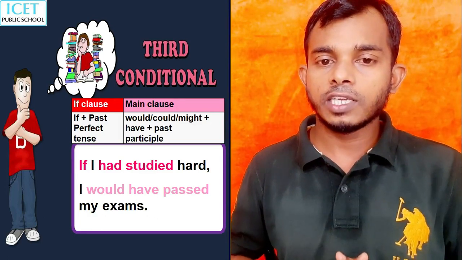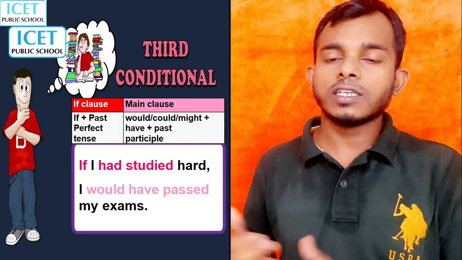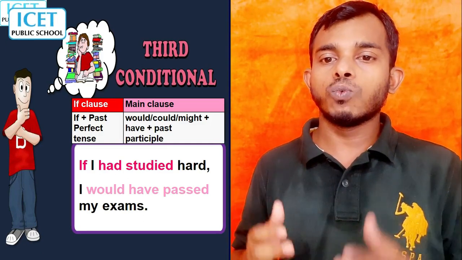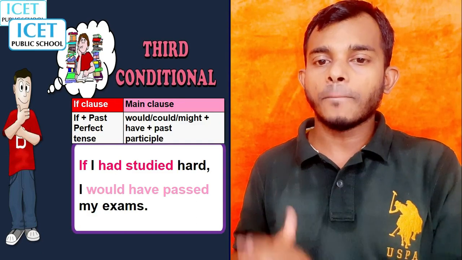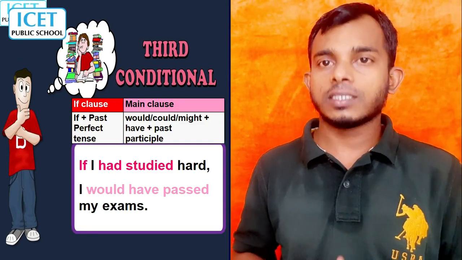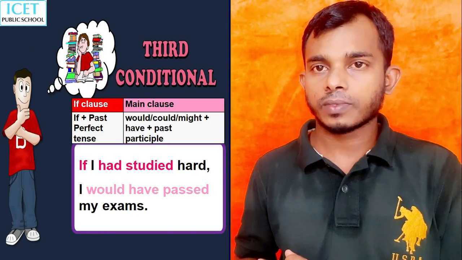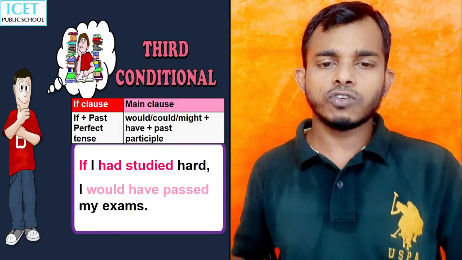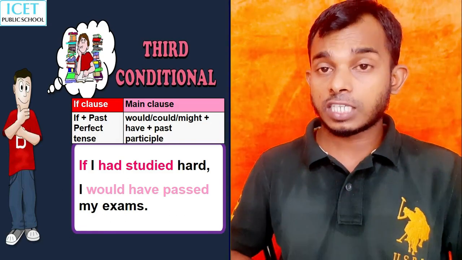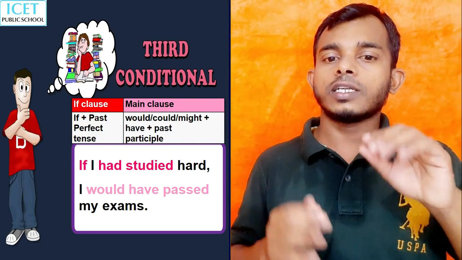If clause, if with past perfect tense, then the main clause will be written with would, could, or might, the past form of the auxiliary as in the earlier sentence, plus have plus past participle. I will give an example so as not to confuse you. If I had studied hard is an example.